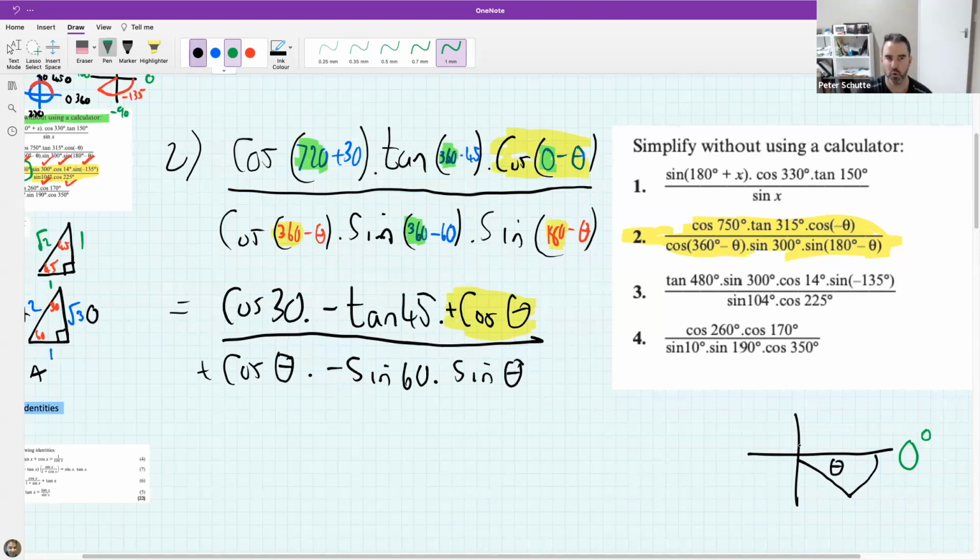In this quadrant, cos is in fact positive. So that's why it's plus cos theta. So for Tekel, what you need to ask yourself is, is cos positive in this quadrant? And it is in fact positive because it's in quadrant number 4 from the cast diagram.